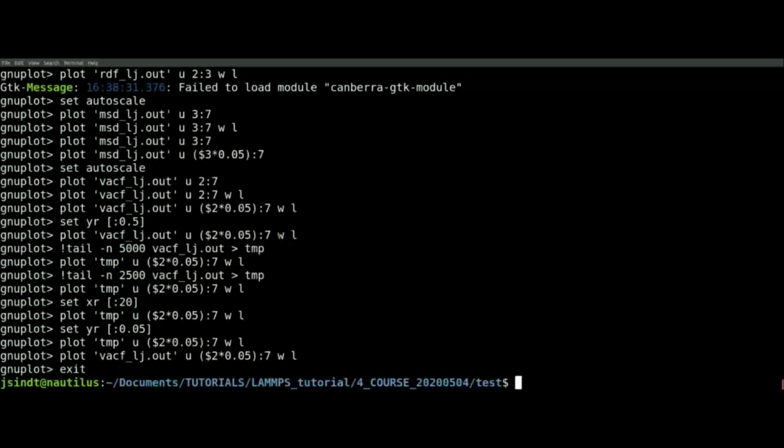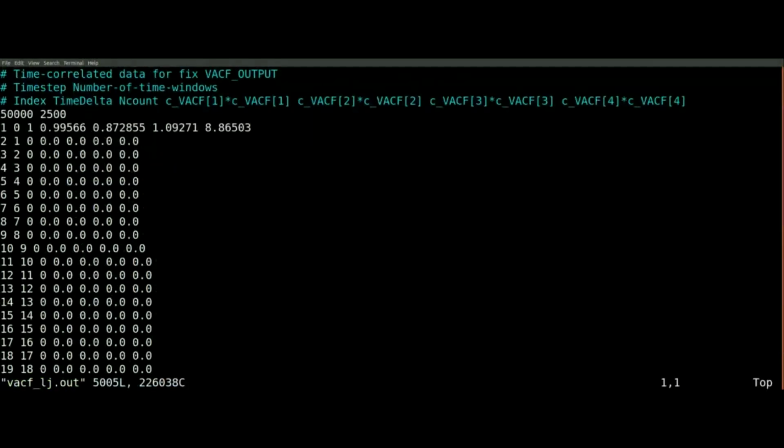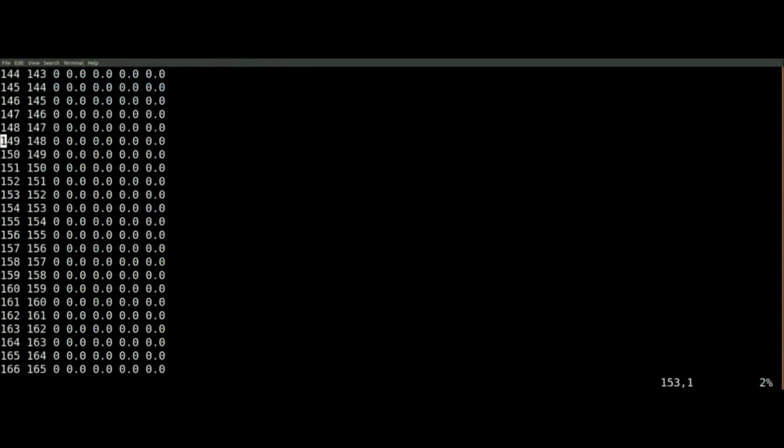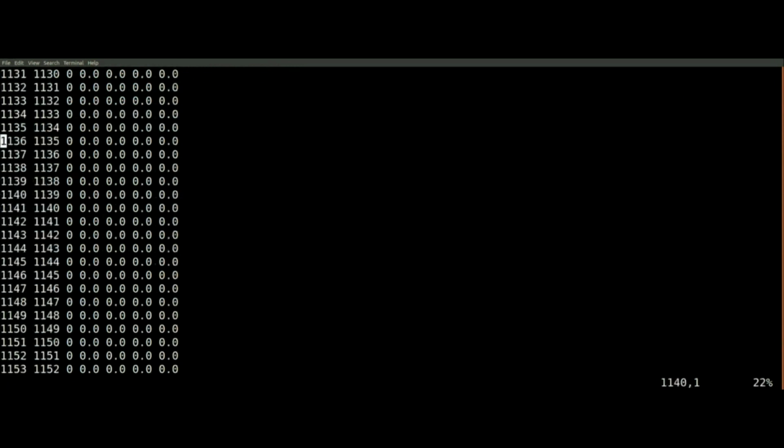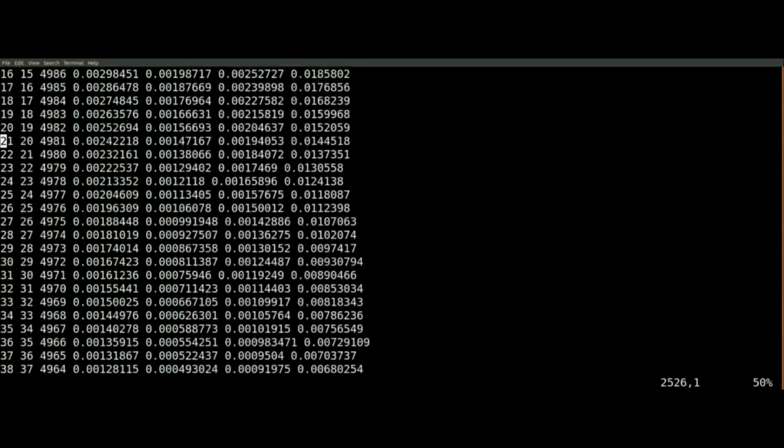there we go. The reason for this is, if we look at the files that are output, remember that we said we want you to average this over 2,500 time steps for the velocity autocorrelation function. What it does is it outputs everything at the start when everything is 0, before finally outputting the interesting information.